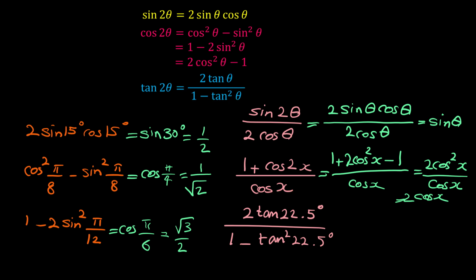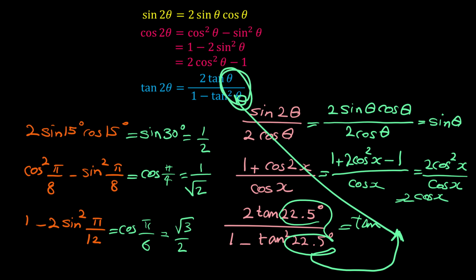Based on this identity, this equals tangent of double the angle. Whatever is here, you have to double it and put it here. If here is theta, here is 2 theta.